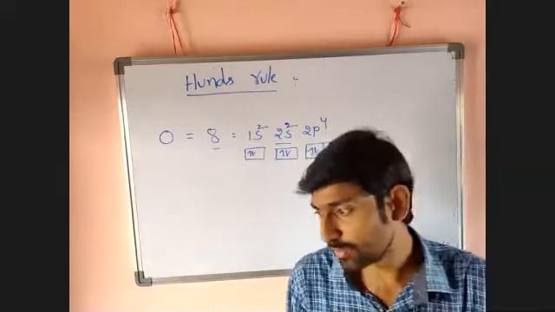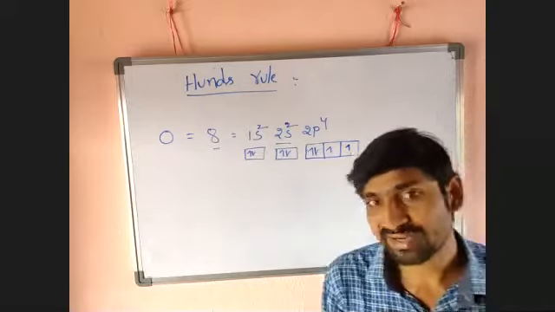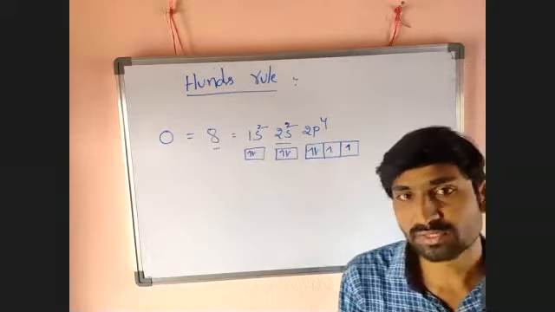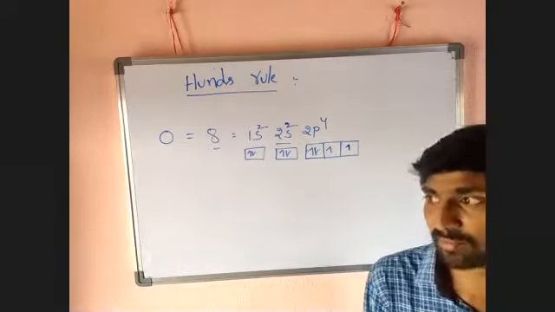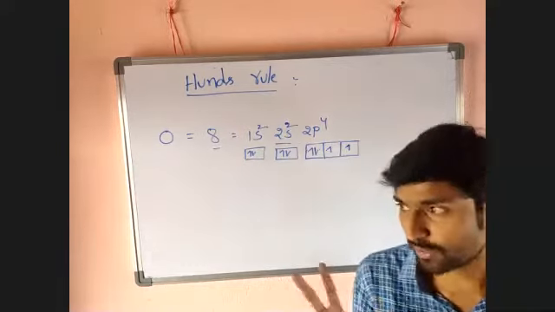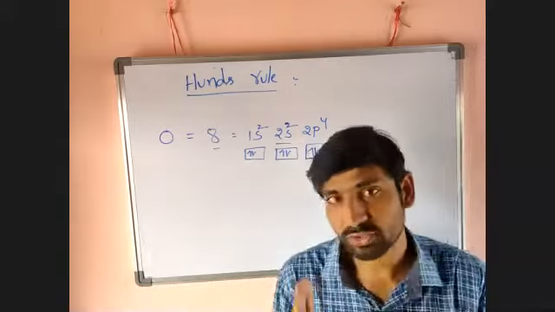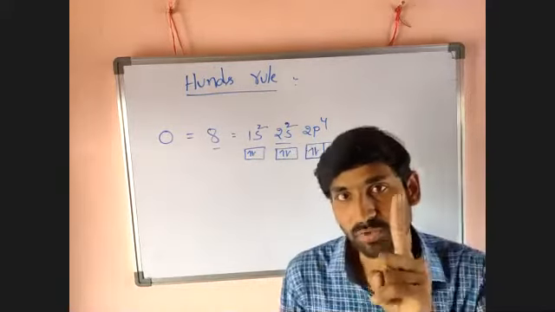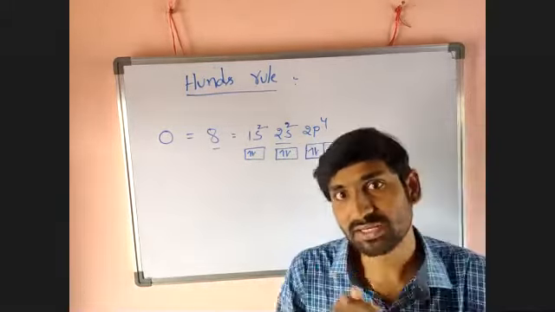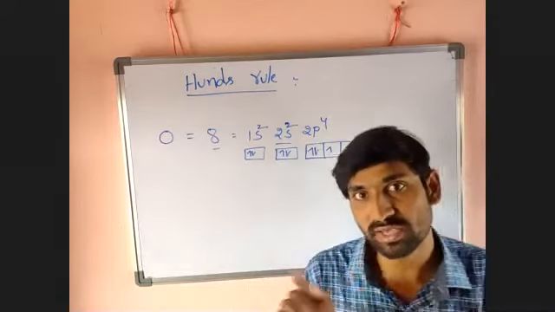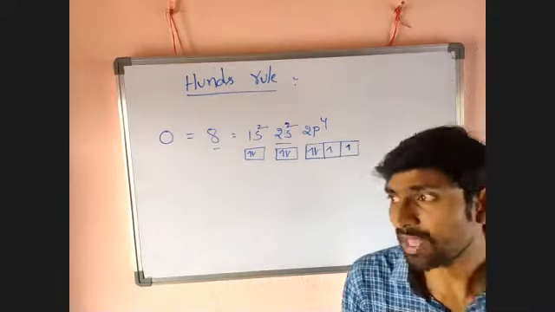Pauli's exclusion principle says that no 2 electrons have 4 equal quantum numbers. If the first 3 quantum numbers are equal, the spin quantum number must be different. It means if one orbital has 2 electrons, one has clockwise spin, another has anti-clockwise spin. That means one ms equals plus half, another ms becomes minus half.